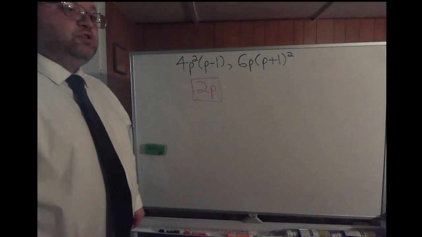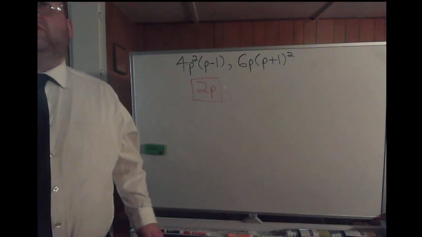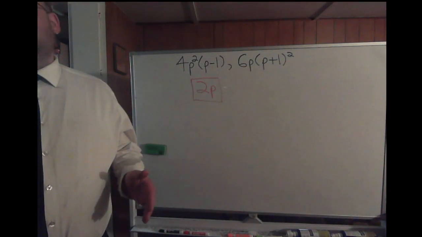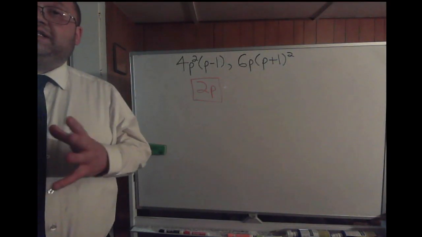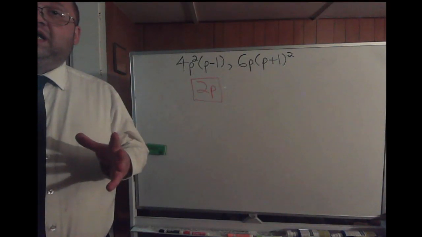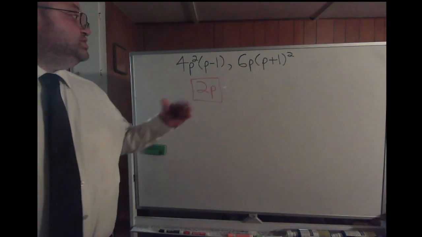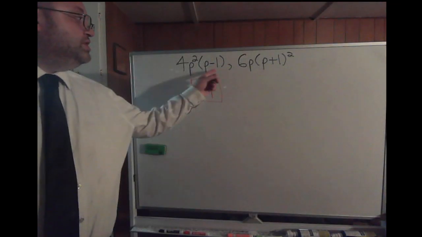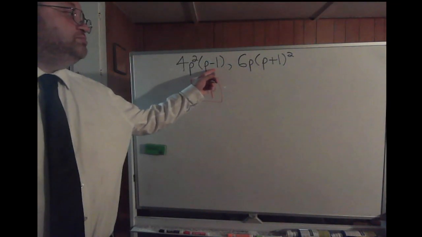So really, finding the greatest common factor of monomials is a lot like finding it of numbers, only you take each piece at a time. Start with your coefficient, find the greatest common factor of those. Then you take your variables, and if you have parentheses with a sum or difference, that's considered its own multiple.